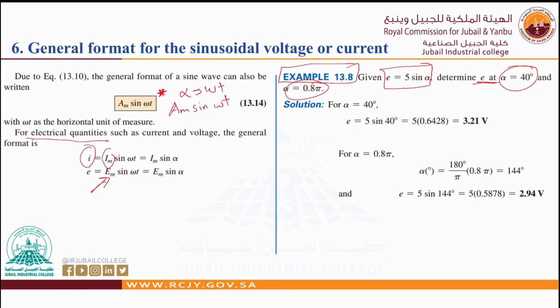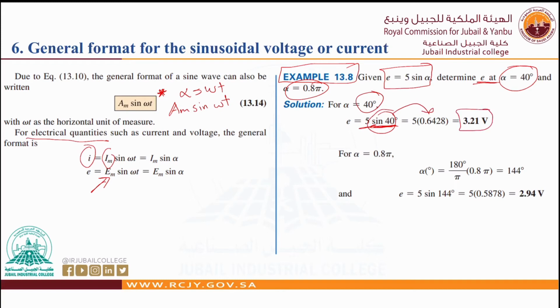The first one is 40. As I told you guys, it is better to have it in radian, or you just can put it here in the calculator. 5 sine 40. Sine 40 is just only 0.6428. So 5 multiplied by this number is 3.21 volt.